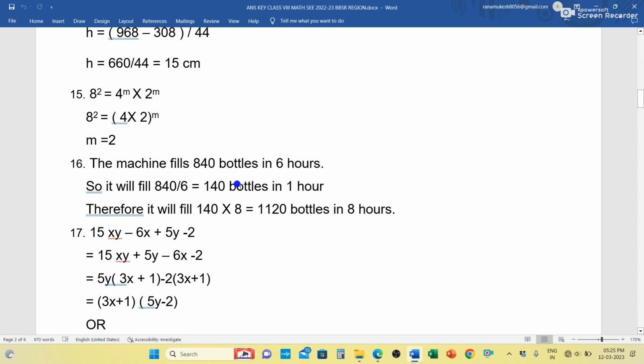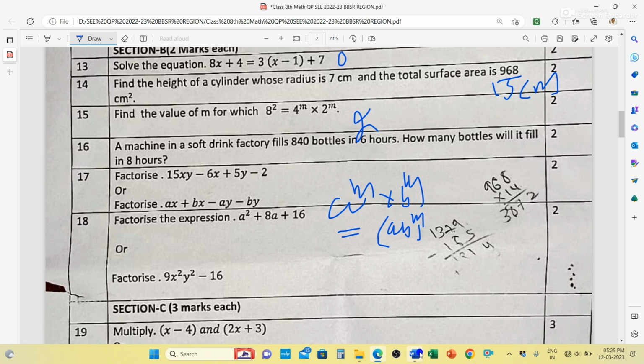You can find the answer also using the relation, that is the direct proportion. Or you can use this method also to find the answer.